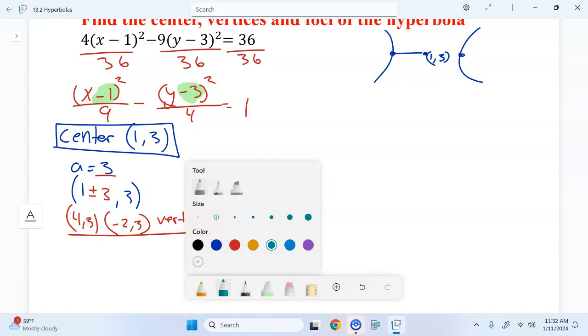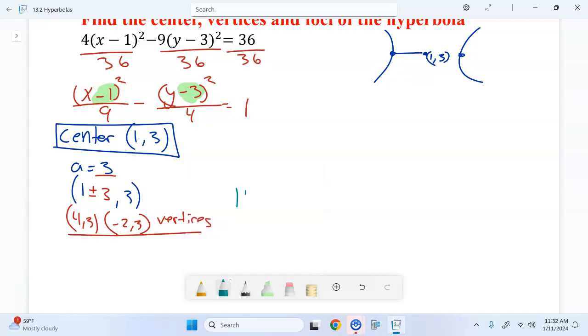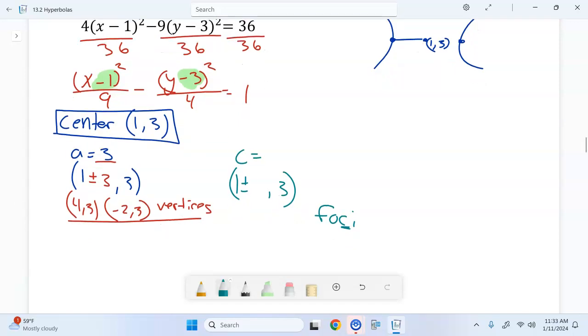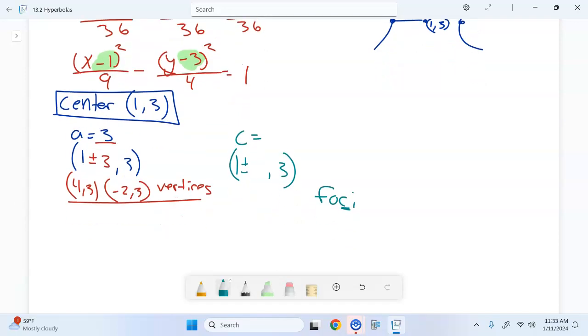Foci will be the same, but instead of a, we're going to use which one? What value gets us our foci? Not B. C. We have to use C. We need to solve for C. 9 plus 4 equals c squared.